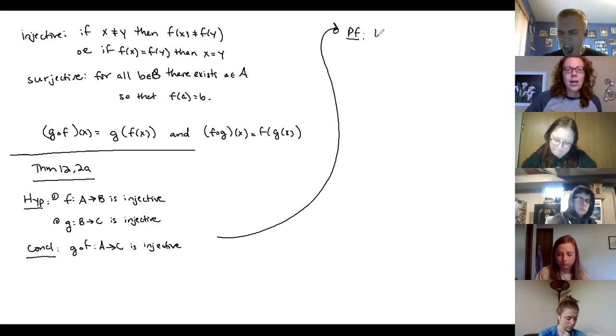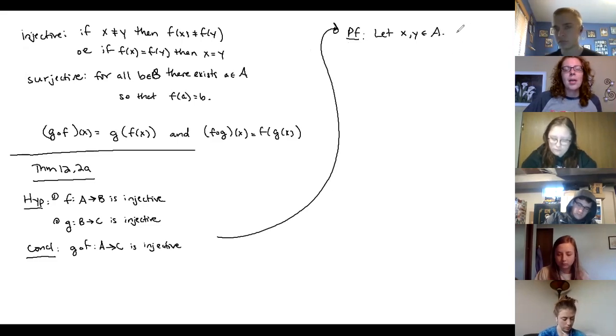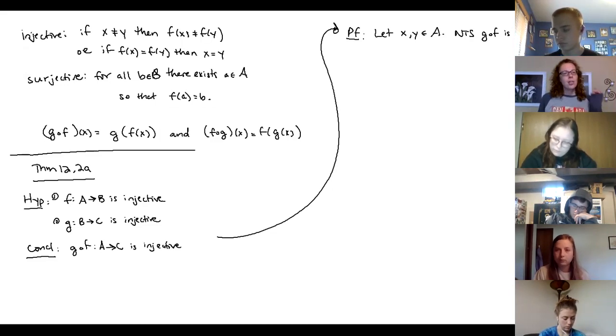So let's go with x and y live in capital A, and I need to show that g circle f is injective, right? That's the function that I'm trying to show is injective. I could use either the first definition for injective or the second one.